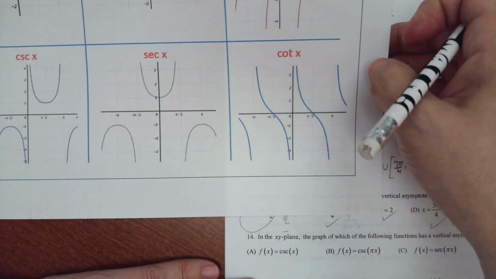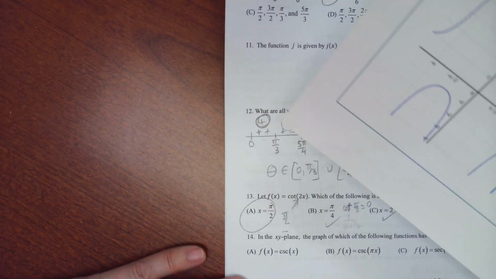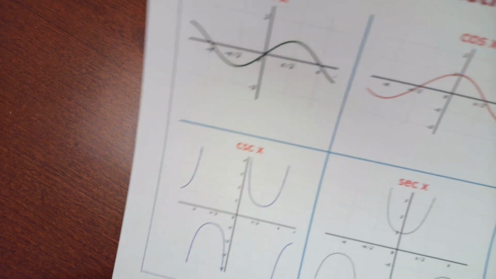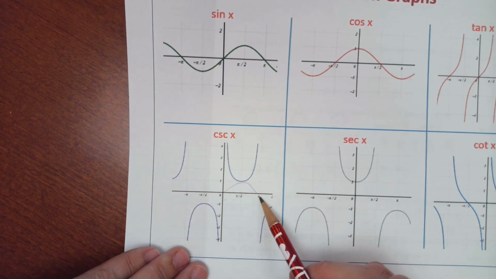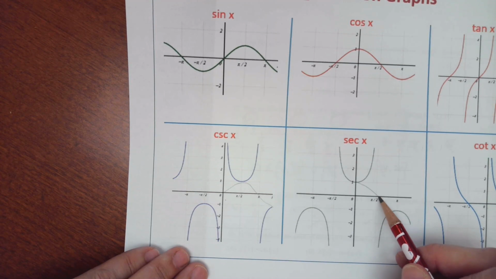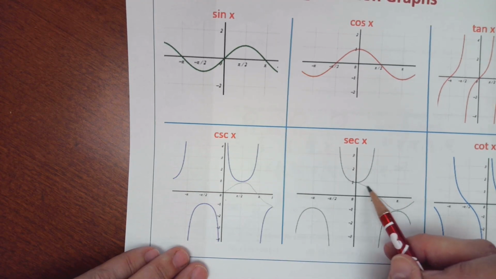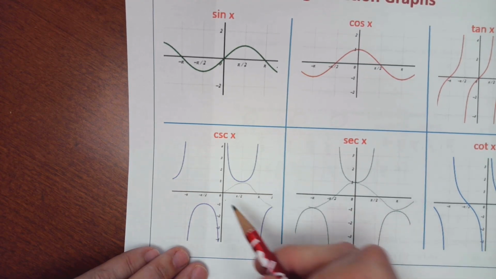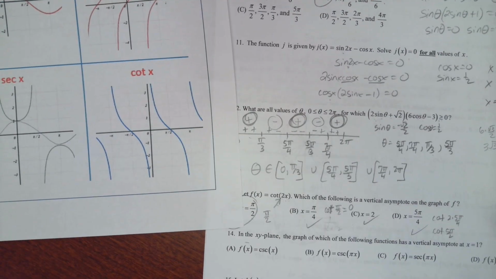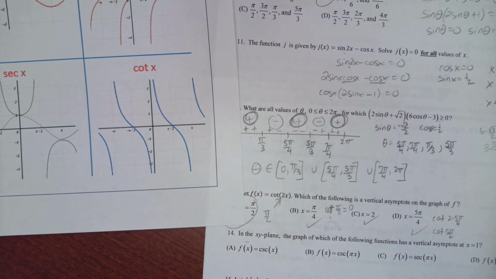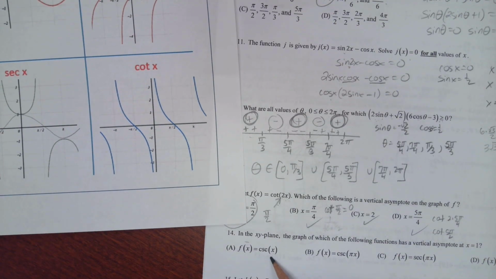So either you remember the cosecant graph. This is all cosecants and secants. So cosecant goes with sine, remember? And secant goes with cosine. All right, anyway, so cosecant, let's have a vertical asymptote.